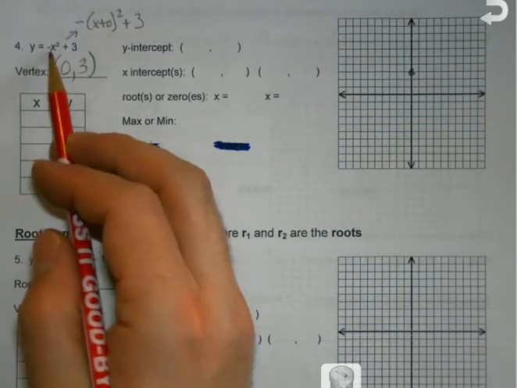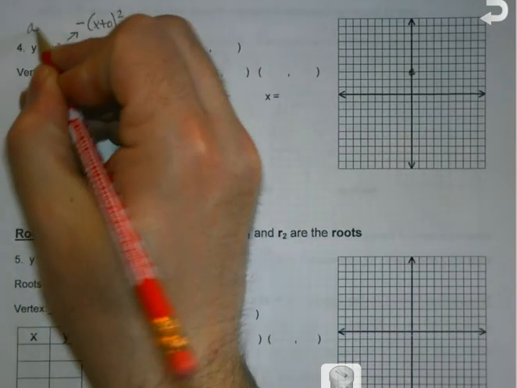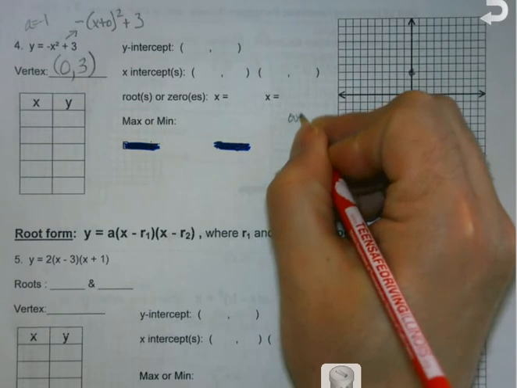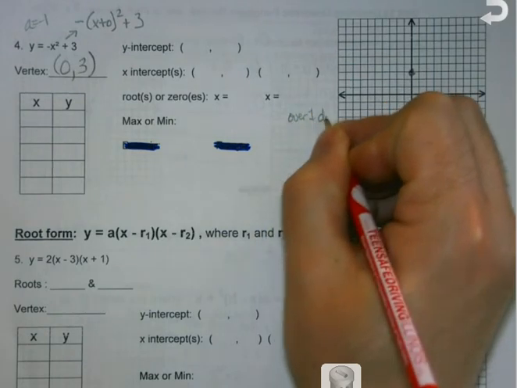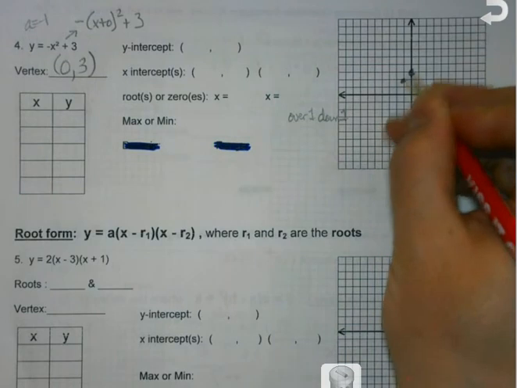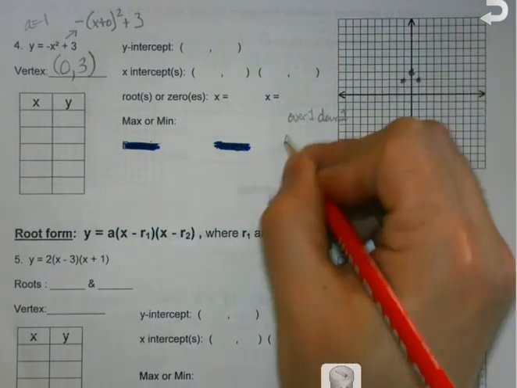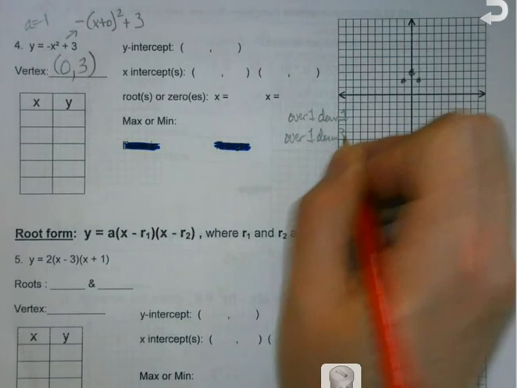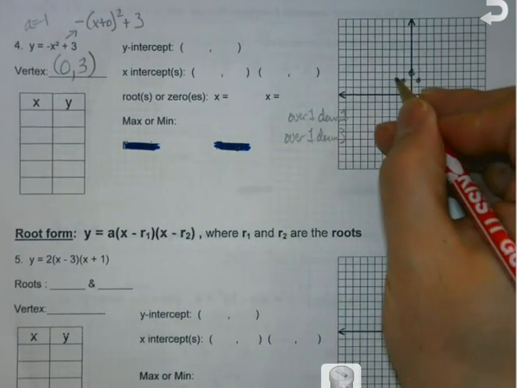And then I look and I see that the value in front is a negative 1. So we're going to go over 1, and since it's negative, we're going to go down 1. Then over 1 and down 3. The pattern just continues that way.